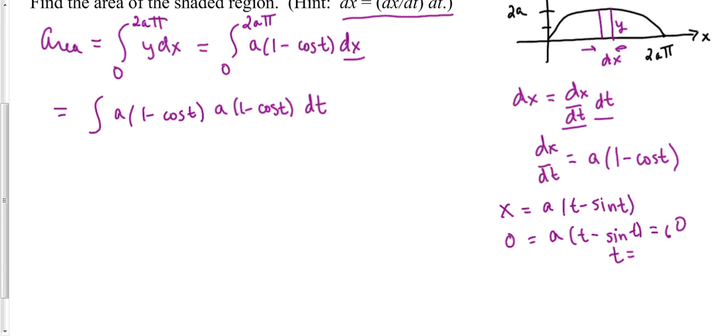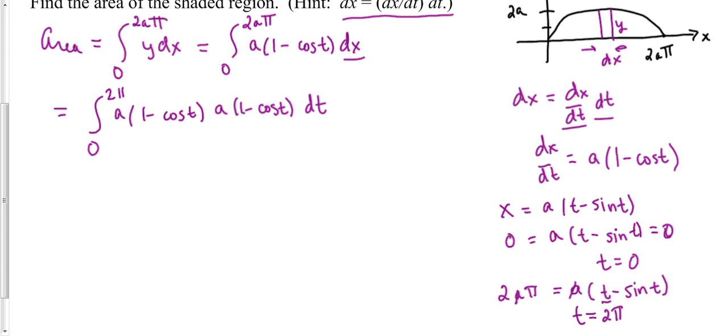So my lower limit is going to stay t equals 0. My upper limit is 2 a pi, and I want to figure out the t value that is going to go with that. My a's are going to cancel here, and really the only way I'm going to end up with 2 pi is if I let t be equal to 2 pi. Then the sine of 2 pi will be 0, and I'll just be left with this term here. So my new limit for t is going to go from 0 to 2 pi.